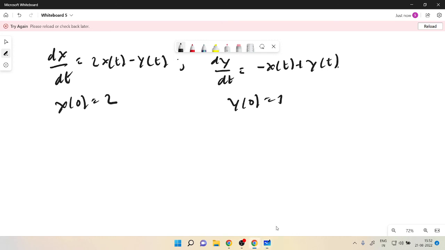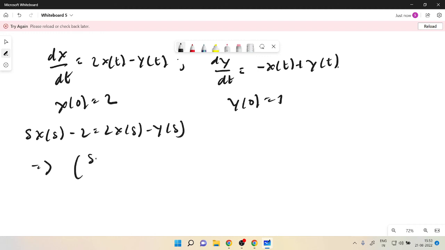Yeah, apply Laplace on both sides. So this is s times x of s minus 2 equals 2x of s minus y of s, which implies s minus 2 times x of s plus y of s is 2.